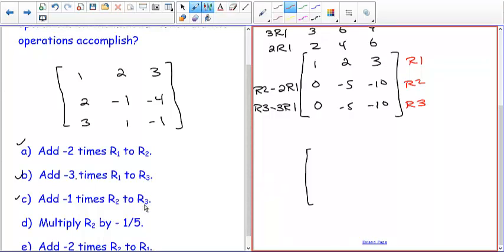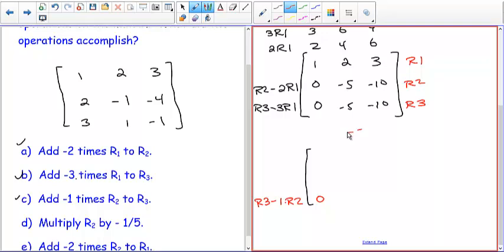What they're saying is take R3 and subtract 1 times R2. So I already have R2 here, so that's easy. What I'm going to do is take this row and subtract this row. So I'll get 0 minus 0, which is 0. And then I will take negative 5 and subtract a negative 5.